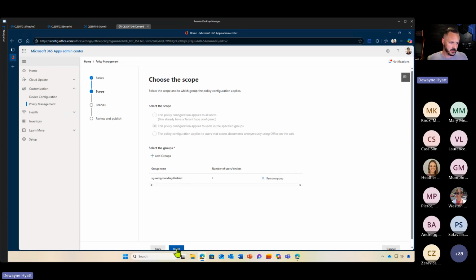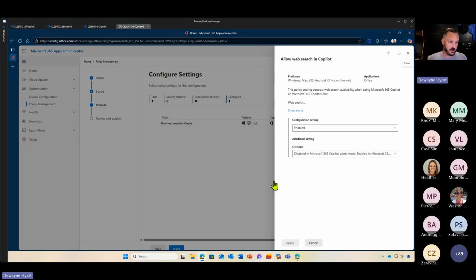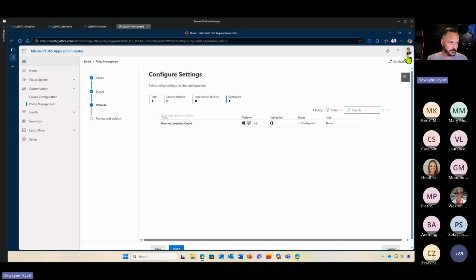I've got it scoped to a security group. And here is the policy that I have configured: allow web search and Copilot. And in my mode, like I showed on the slides, I've disabled it in the work tab, but I've allowed it in the web tab because it's like a search engine. People can use search engines, AI-powered search engines, here in 2025. So there are those three options that we talked about earlier.